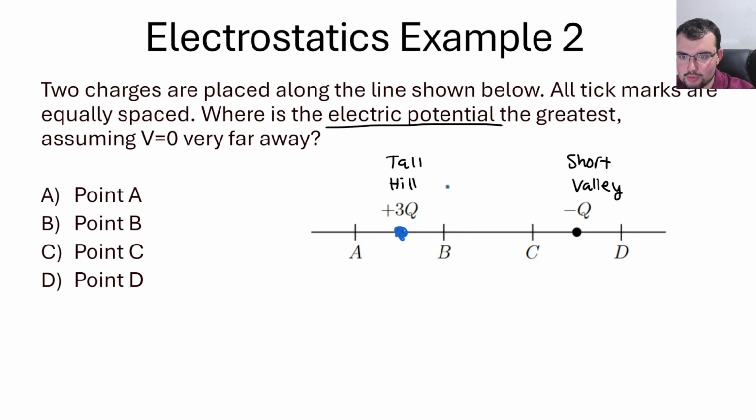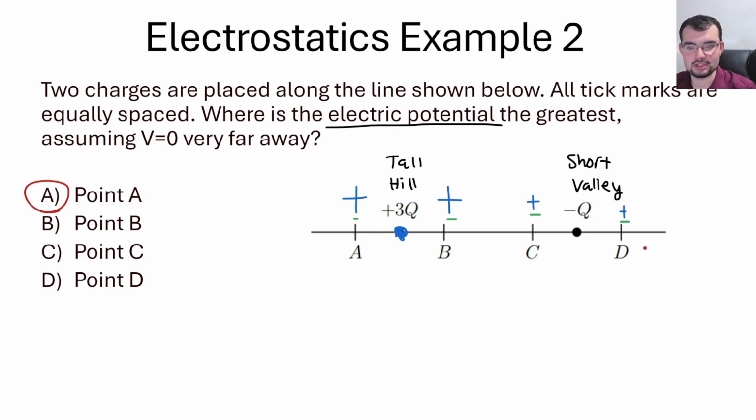You get a huge positive height contribution near the hill, and then the positive height contribution slowly decreases. And then from the valley, you would get a negative height contribution, and it's not going to be as big. So you get something like that. And the answer is A.